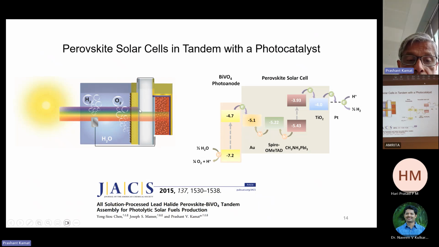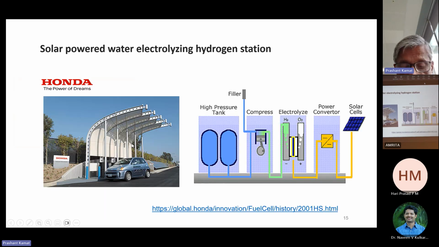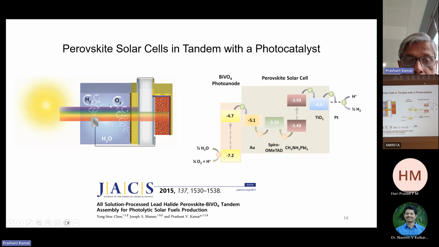Another way you can do it is to attach a perovskite solar cell to an existing photocatalytic system. So here it is a bismuth vanadate photoanode, and there is a platinum electrode, and this is biased by this perovskite solar cell that holds a certain positive potential at bismuth vanadate.